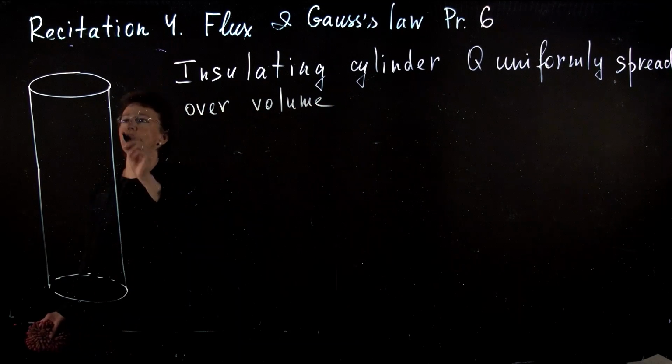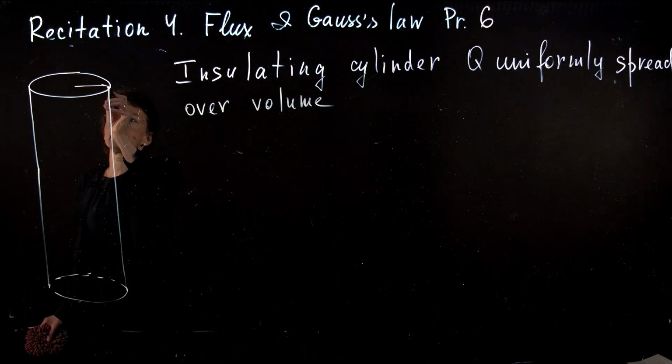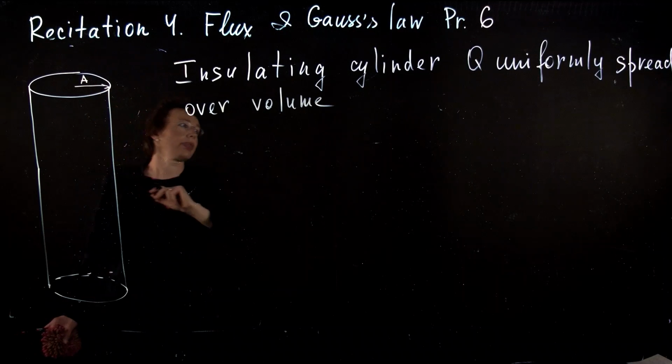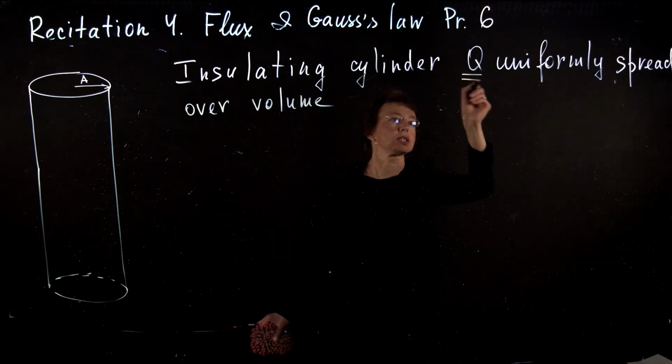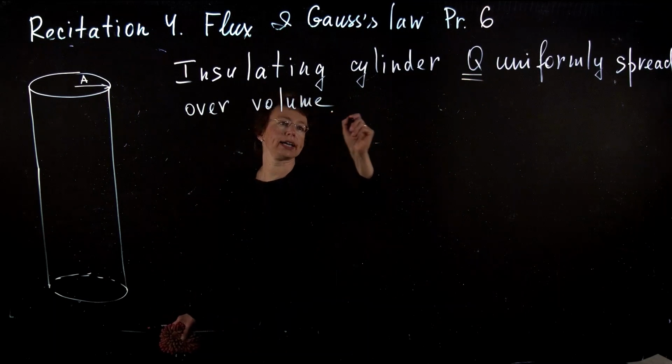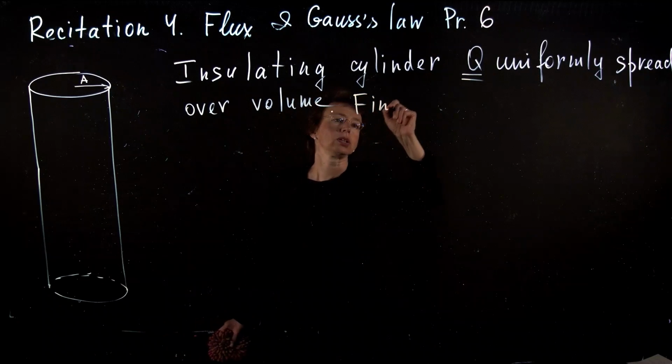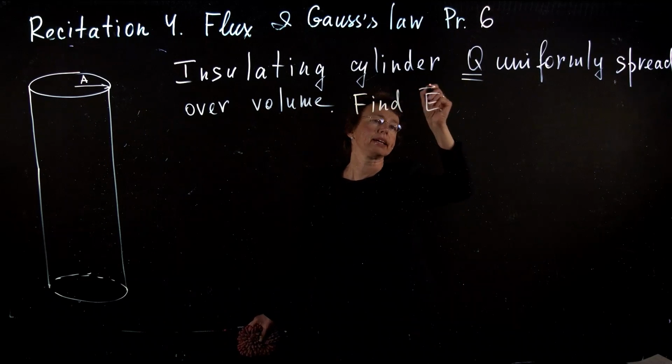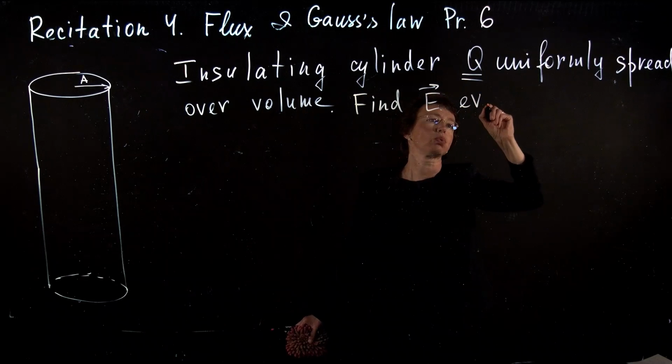The radius of this cylinder is A, it is given, and the charge is given, it is Q. We need to find the electric field everywhere.